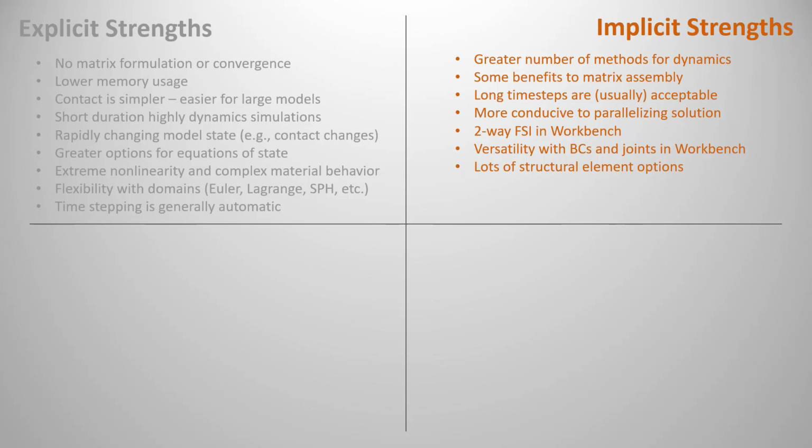There's two-way FSI using implicit methods, so coupling with a CFD study, for instance, in Workbench is possible, and that can be a two-way coupling, so the deformed shape can go back into the CFD study. Versatility with boundary conditions and joints that you just don't get with explicit studies in implicit, and there are lots and lots of options for structural elements that you don't get with the explicit tools.